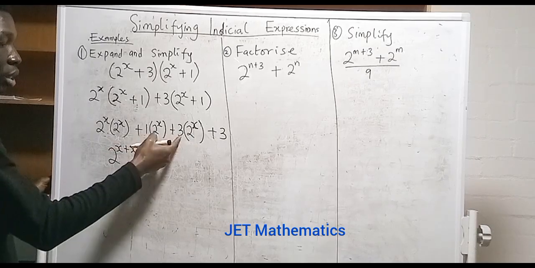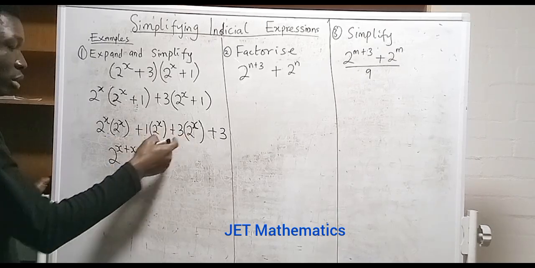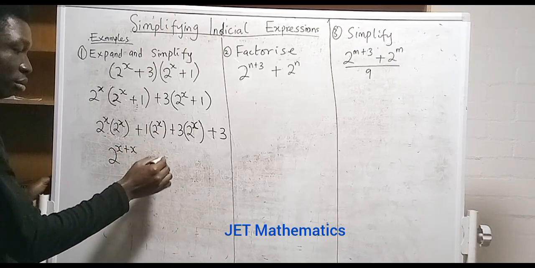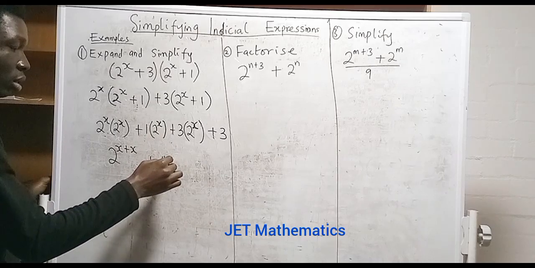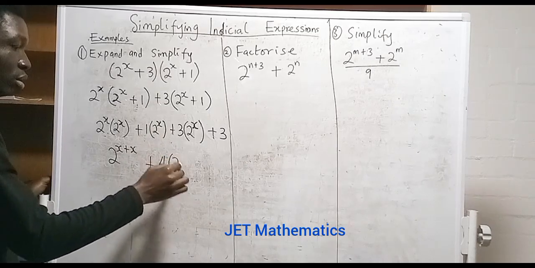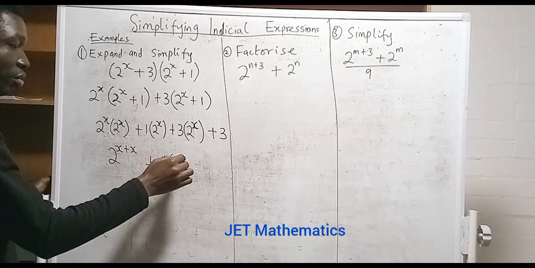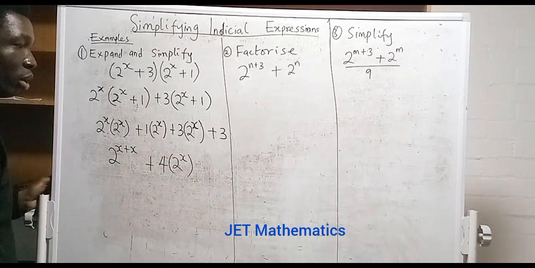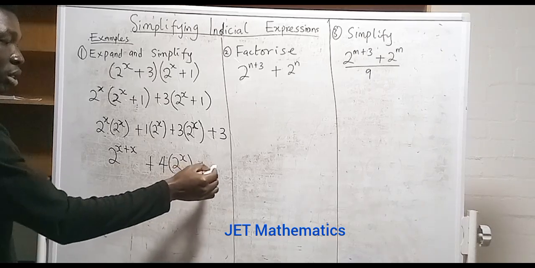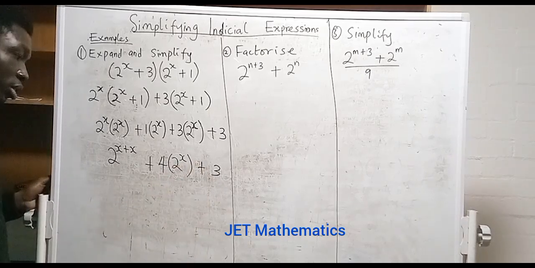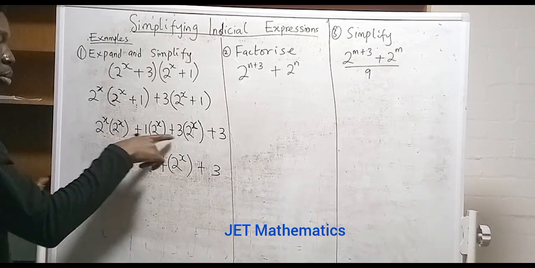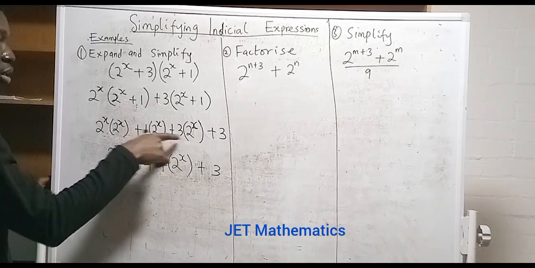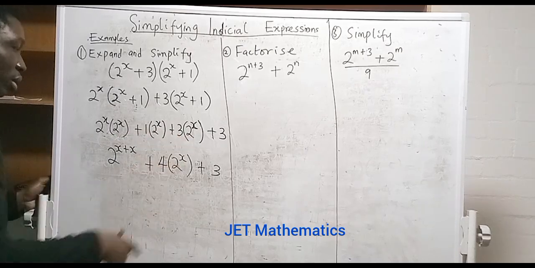So 1 plus 3, these are like terms, so you have 4, then here you have bracket 2 raised to the power of x. Plus 3. Are we okay with this? I believe so. Remember, 1 plus 3 is 4 because these two are like terms. So you have this.